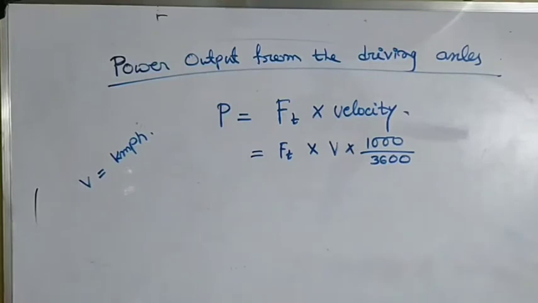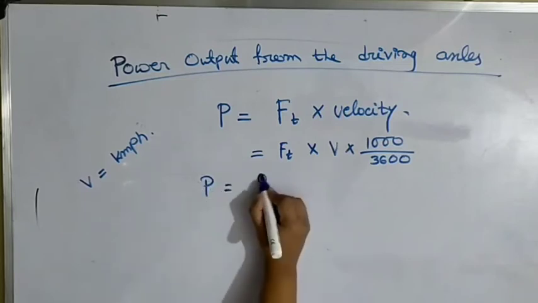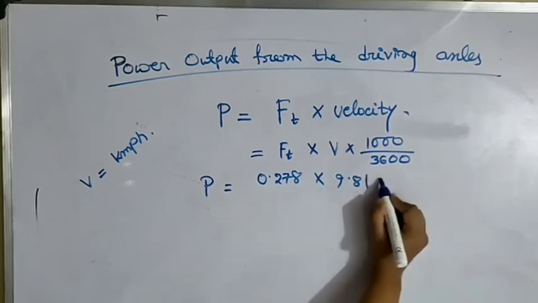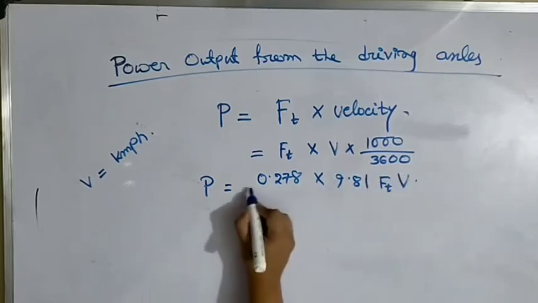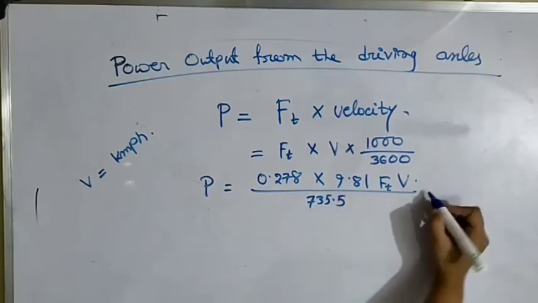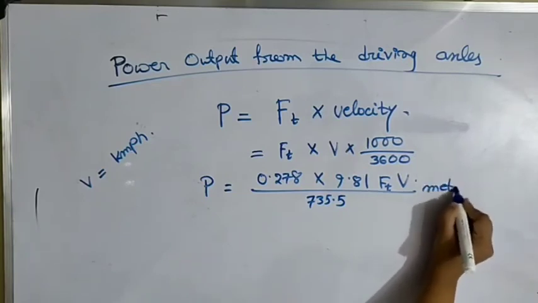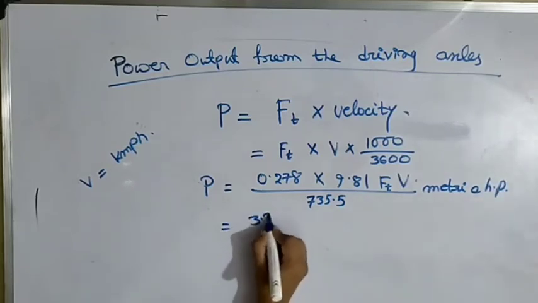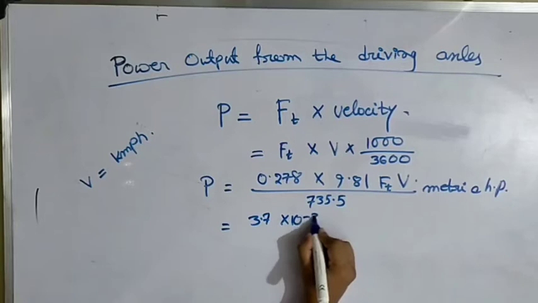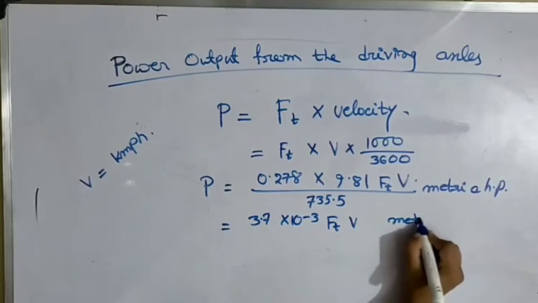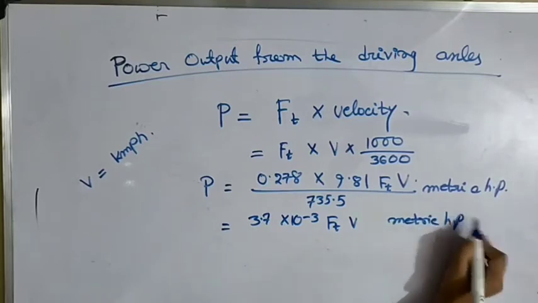Now if the tractive effort is expressed in kg, then P is equal to 0.278 into 9.81 Ft into V by 735.5 metric horsepower, which is equal to 3.7 into 10 to the power minus 3 Ft into V metric horsepower.